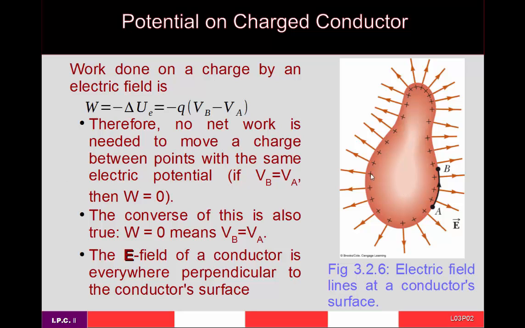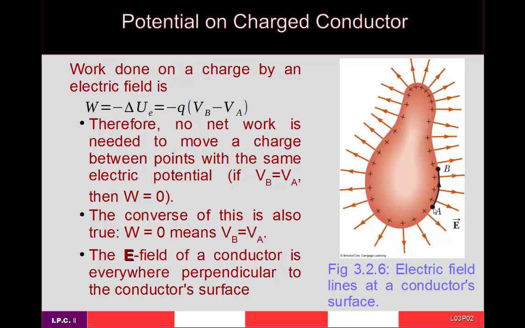That means that there's no net work needed to move a charge from any point within this surface to another point within this surface. That's true if we want to move the charge from the surface to the center, but it's also true if we want to move from one point to another point on the surface of the conductor.